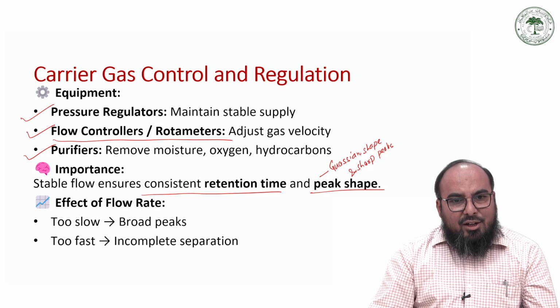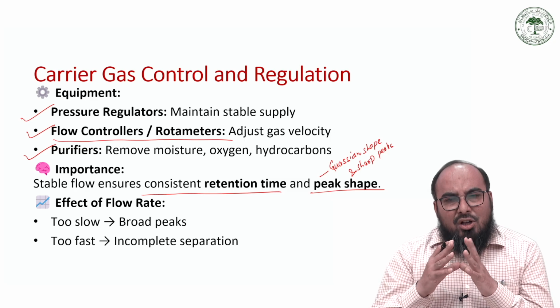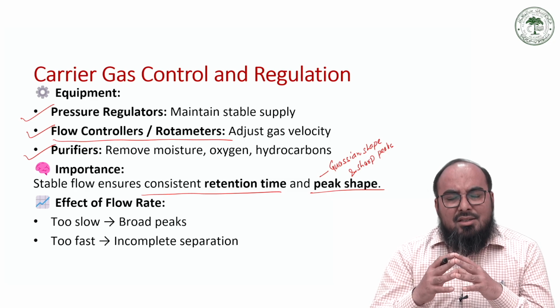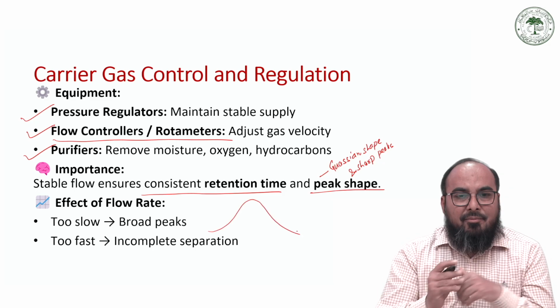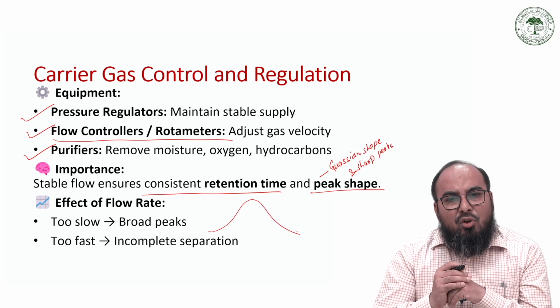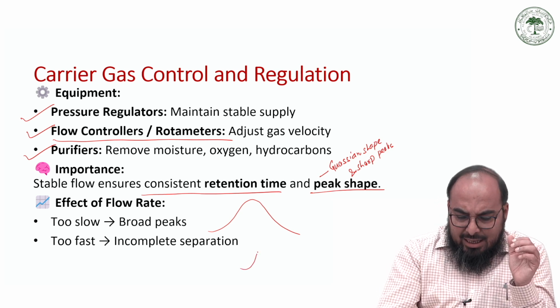So what is the effect of flow rate? If your carrier gas velocity, your flow rate, is less, then you will get broad peaks like this. And if your flow rate is very fast, then you will get peaks like this.